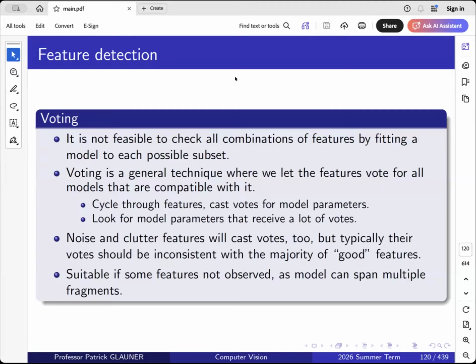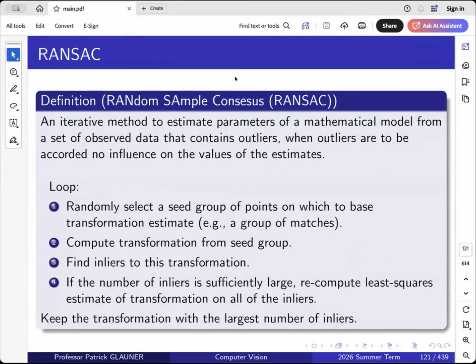So we can go through the features, cast votes for model parameters, and then look for model parameters that received a lot of votes. With voting, we can also address, for example, noise and clutter features. Those would typically lead only to few votes, and with voting, we can filter out the relevant or somewhat good features.